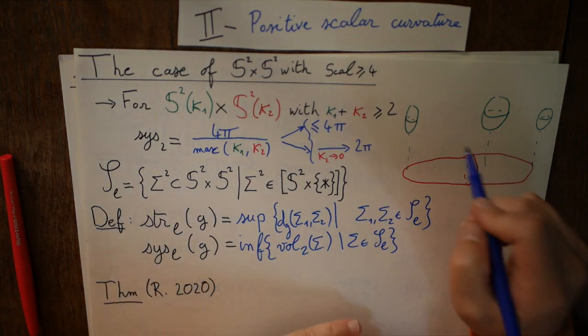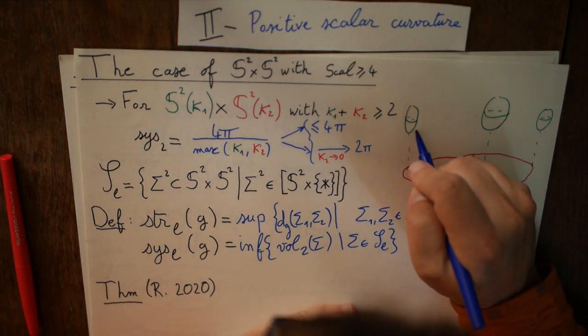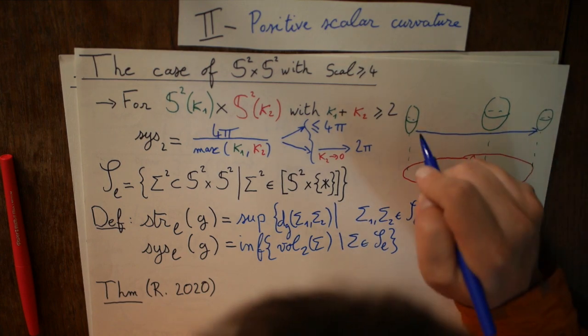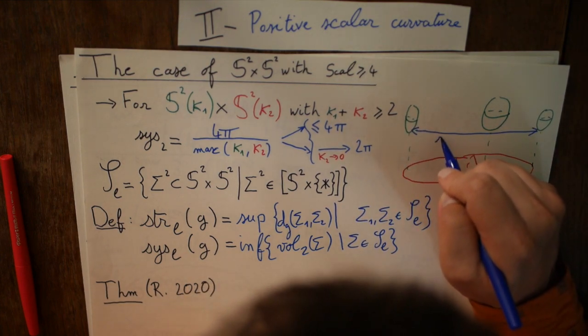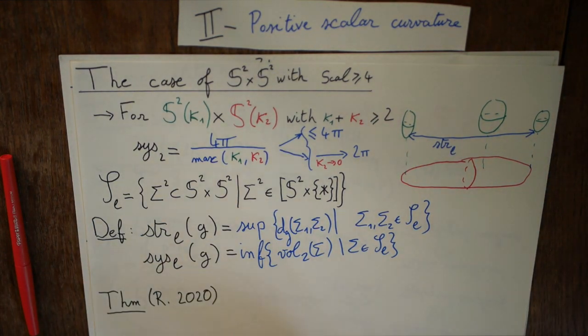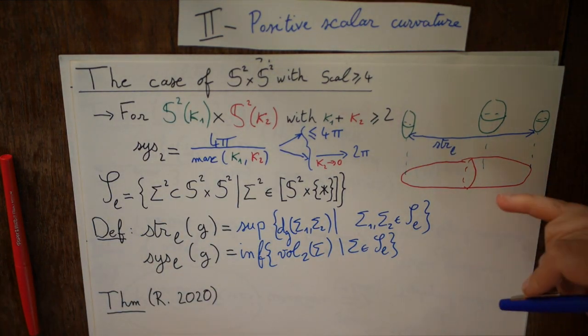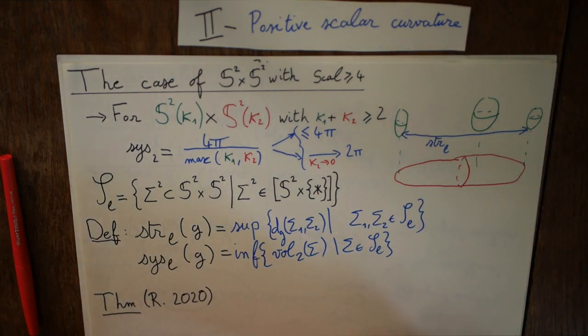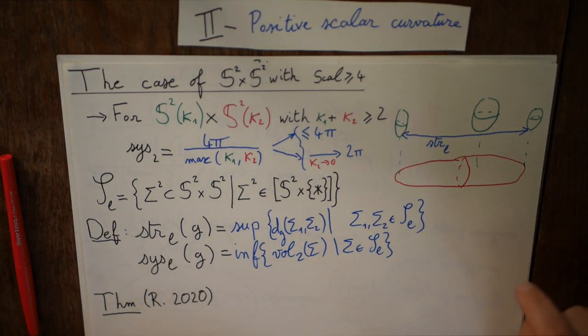And so the left stretch would be the distance between, actually, if it's really a warped product over this red sphere, it would actually be the diameter of the sphere.